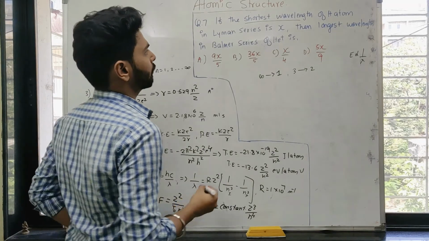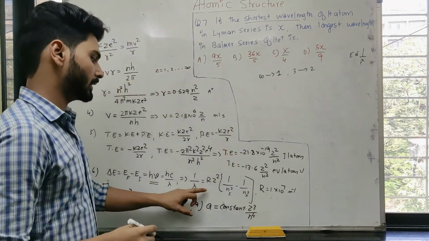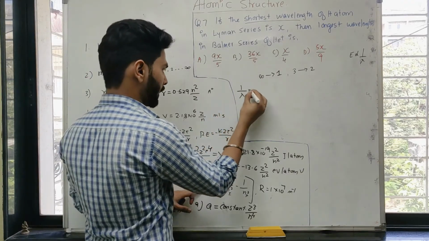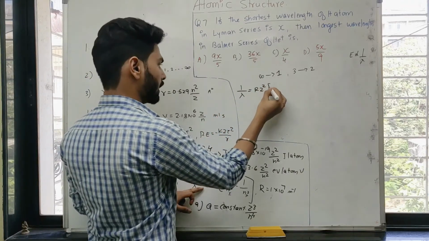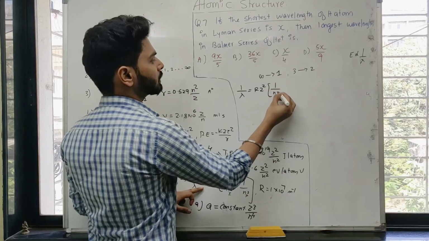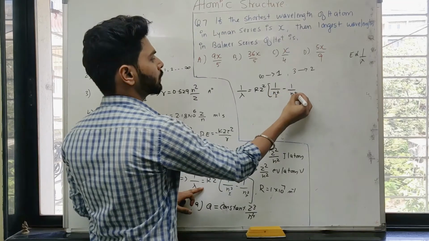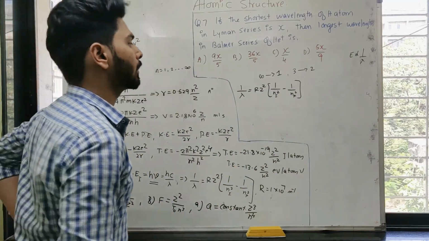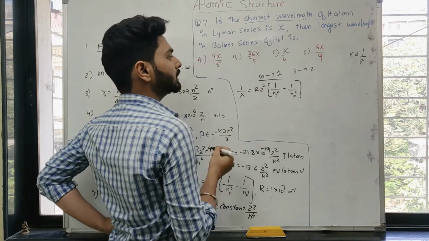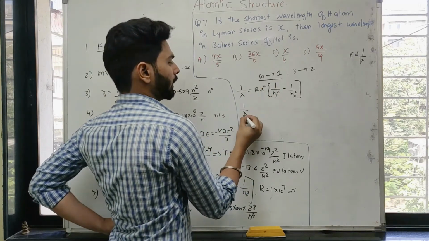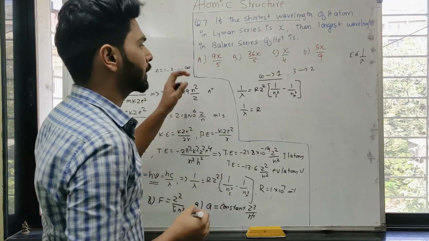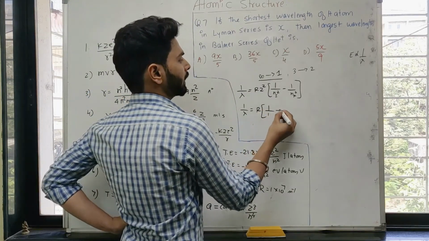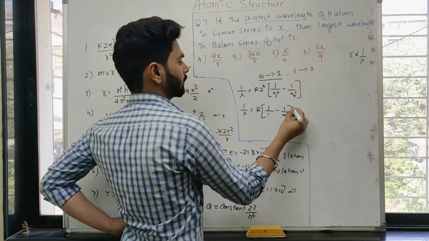For hydrogen atom, let me just write the wavelength formula, that is 1 upon lambda equals R Z square times 1 upon n initial square minus 1 upon n final square. So n final means the higher n number, n initial means the lower n number. So let us write for this, 1 upon lambda equals R. This is for hydrogen, so Z is 1, times 1 upon 1 square minus 1 upon infinity square.